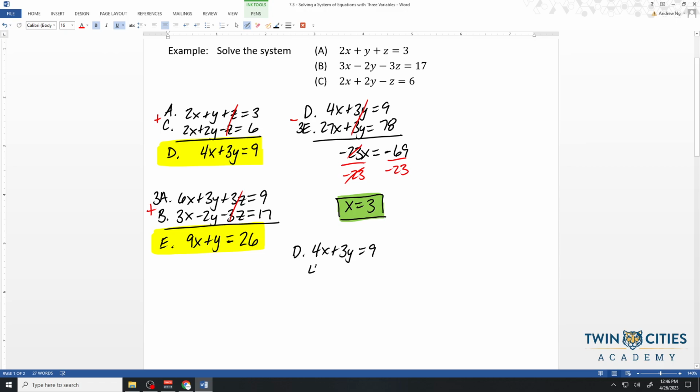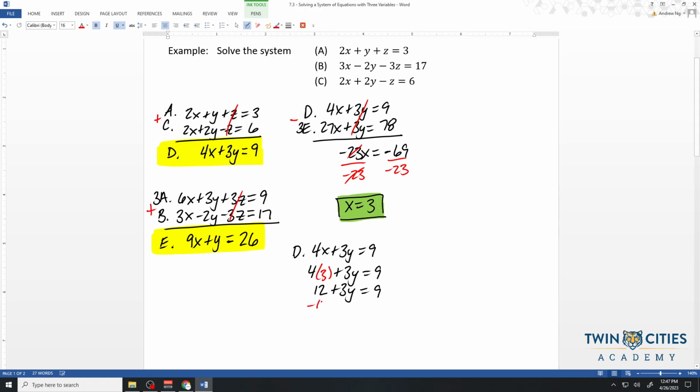So I can say 4 times 3, and then plus 3y equals 9. This is 12, so 12 plus 3y equals 9.